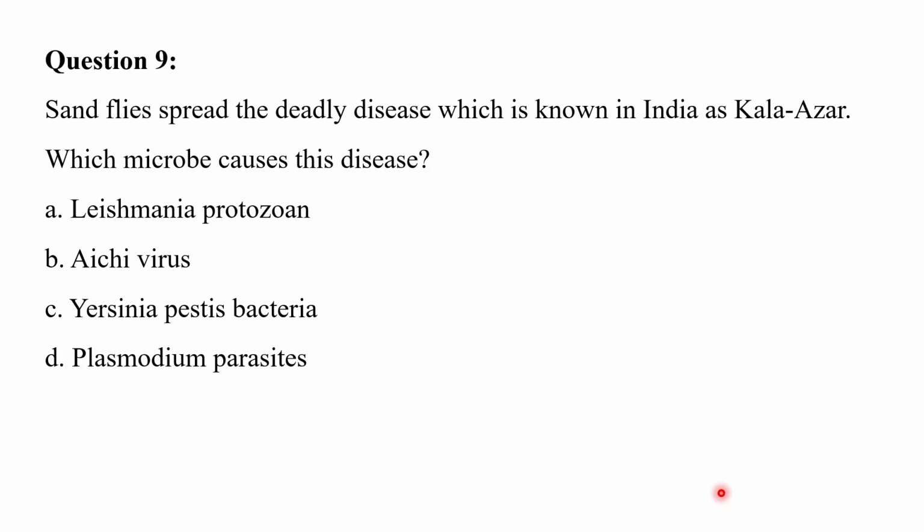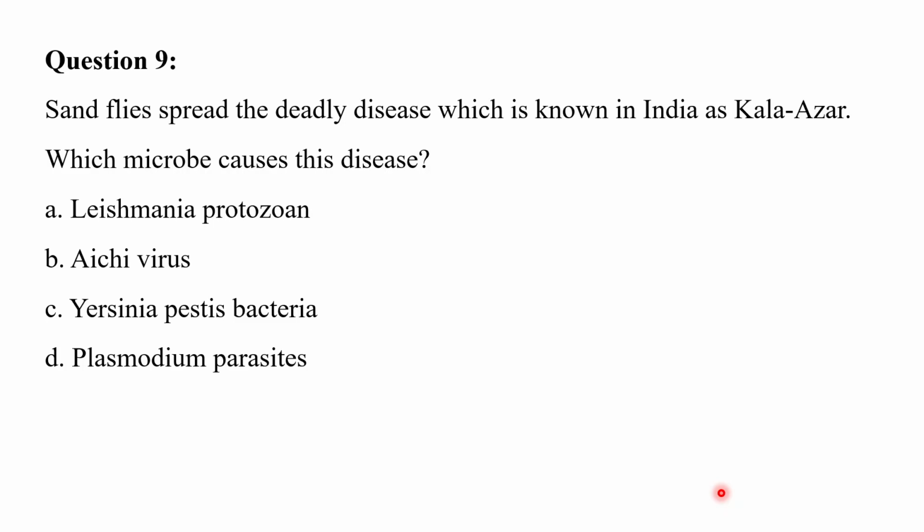Okay, so the next question is question number 9. Sandflies spread the deadly disease which is known in India as Kala Azar. Which microbe causes this disease? Kala Azar is a disease and the vector for the disease is sandflies. But what is the microbe that causes the disease? You have to understand the difference between the vector and the microorganism causing the disease.